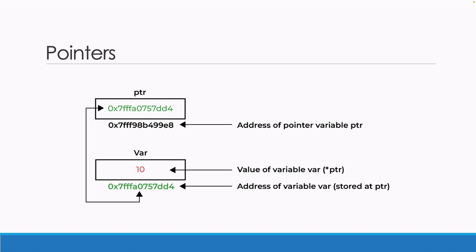When we declare a pointer, the pointer PTR contains the address of that variable. So every time we dereference the pointer, it will read whatever is in the memory. In this case, a 10. We have a 10 stored in the memory, and that is exactly what we are going to get every time we read the pointer.